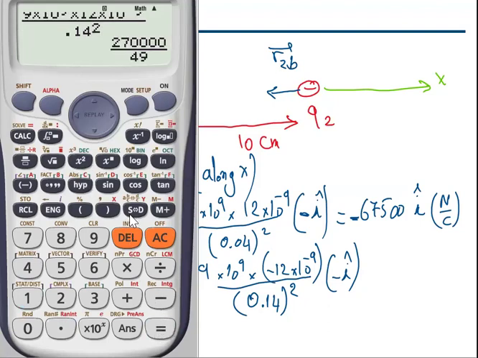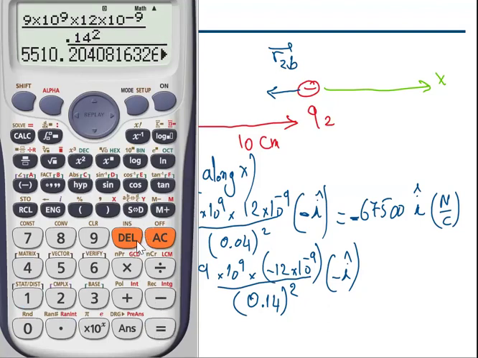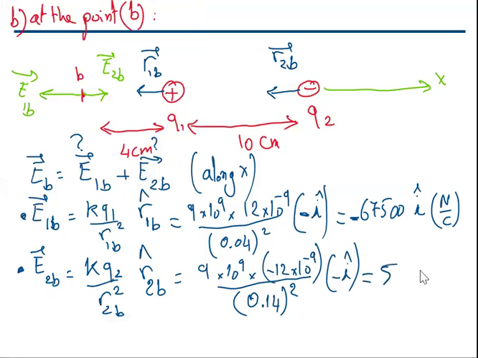So our result is 5,510 newton per coulomb. Is it along i or negative i? We have a negative sign, so it's along negative i newton per coulomb.